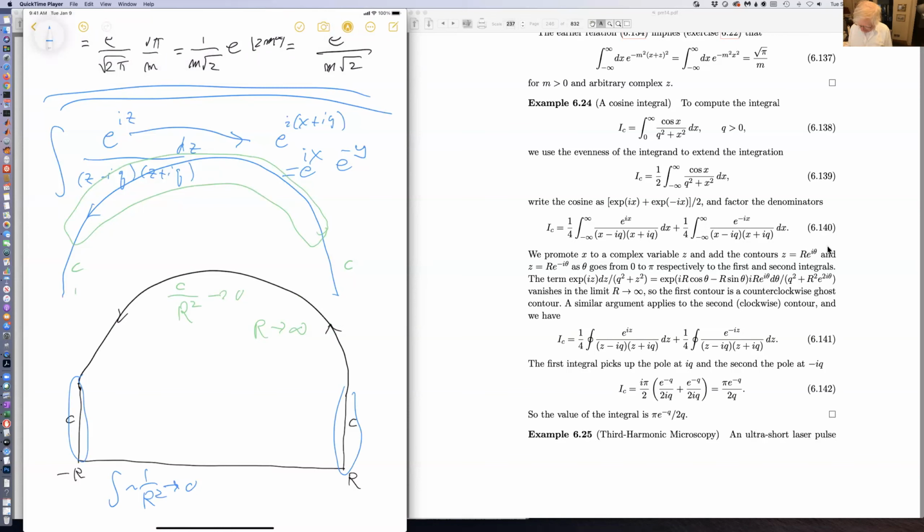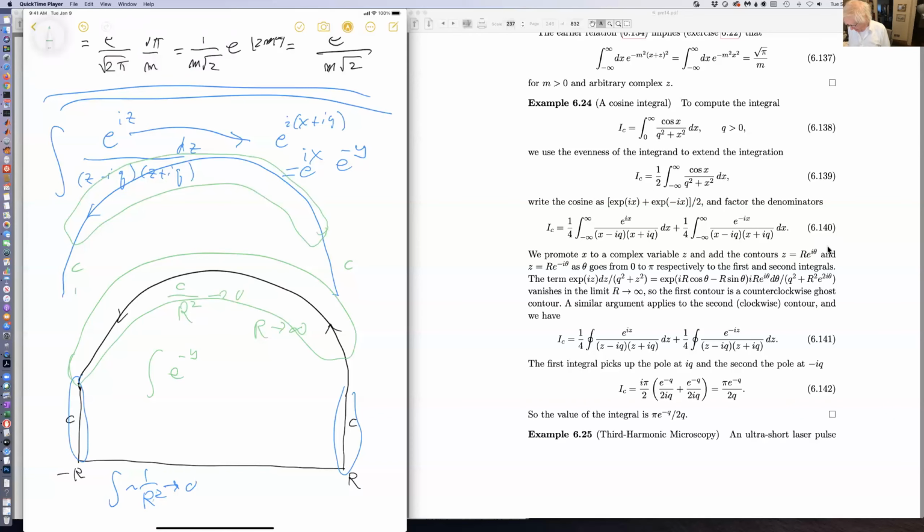On the other hand, this integral is going to be something like e to the minus y, and y is going to be high in the complex plane. Here we've got this going as 1 over r squared.